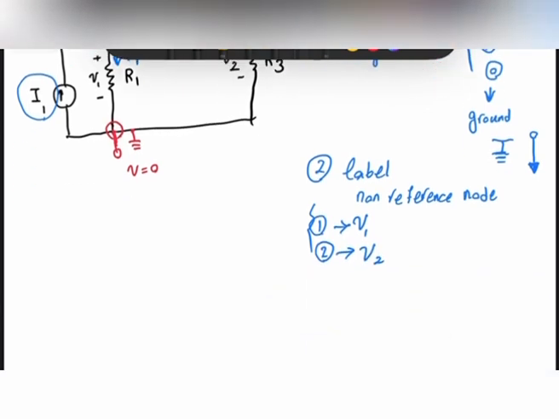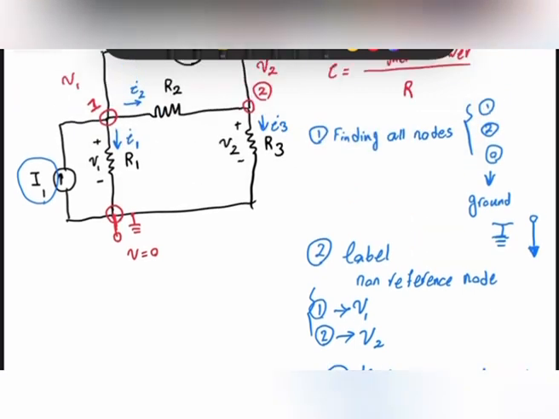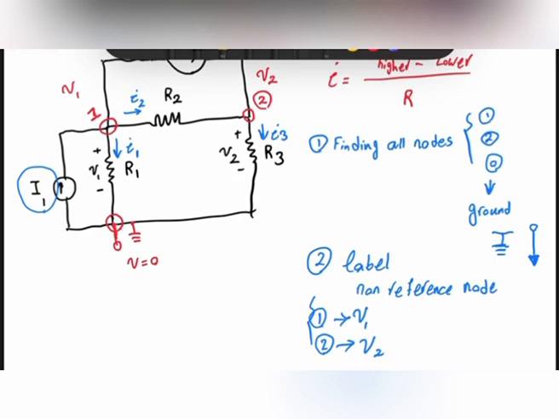Then the third step is to apply KCL on each node. I'm going to apply KCL in node 1. So, KCL in node 1.